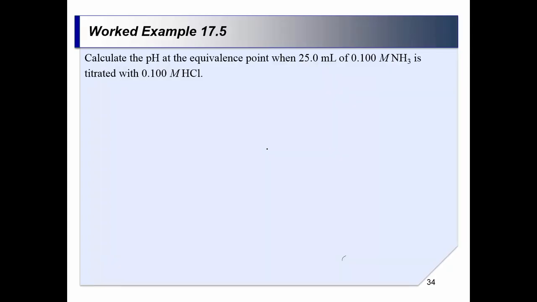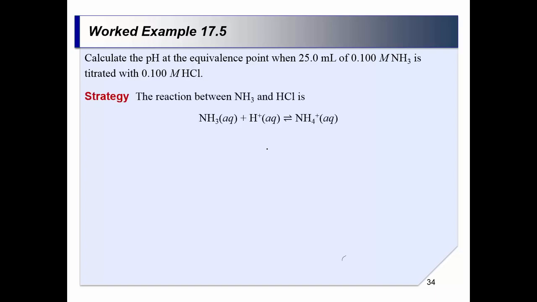Now, if we're going to calculate the pH at the equivalence point, when 25 milliliters of a 0.1 molar ammonia solution is titrated with a 0.1 molar hydrochloric acid solution, you have to know the relationship between ammonia and hydrochloric acid. Now, ammonia plus the H from hydrochloric acid, remember this is a strong acid, so it completely dissociates, and the chlorine doesn't really have anything to do with what we're doing.